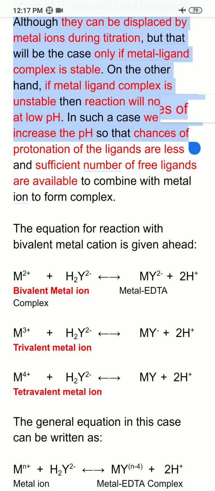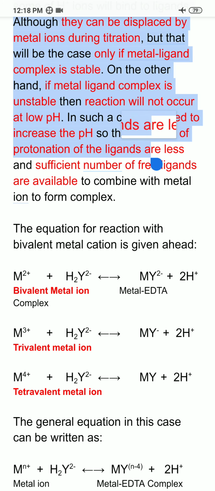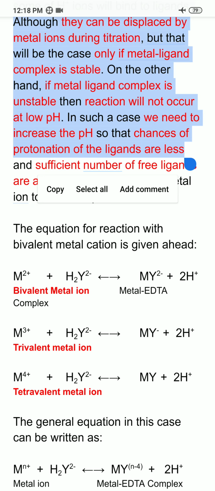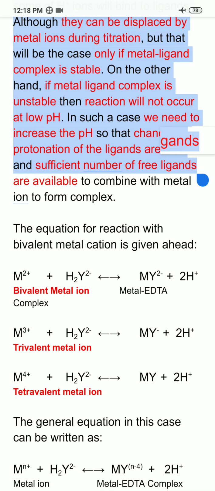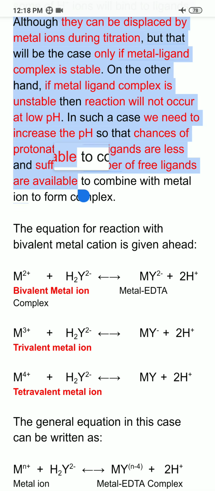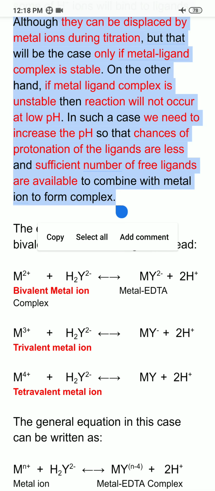or I can say deprotonation of the ligand will be there in basic pH, due to which chances of protonation of the ligands are less. If by using basic condition protons are removed from the ligand, or I can say deprotonation of the ligand is there, then sufficient number of free ligands will be there to combine with the metal ion to form complexes.